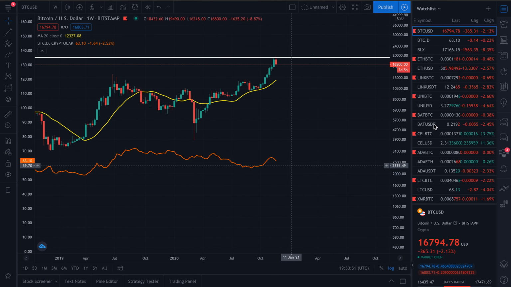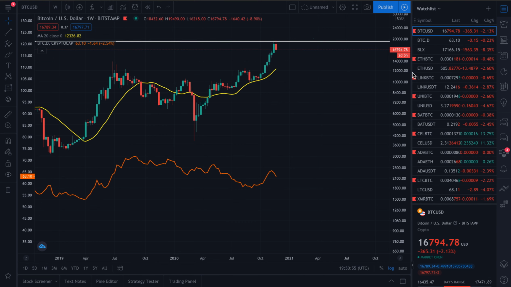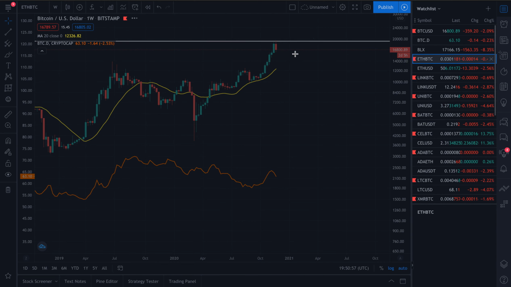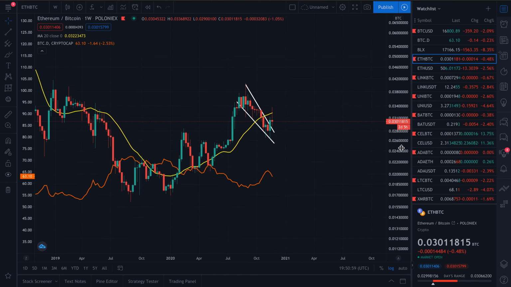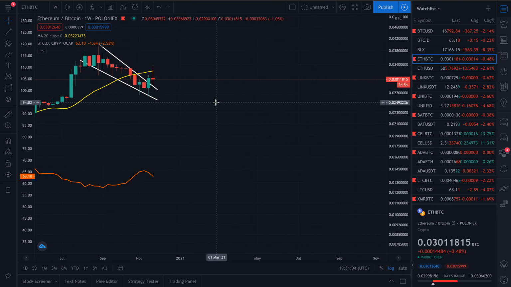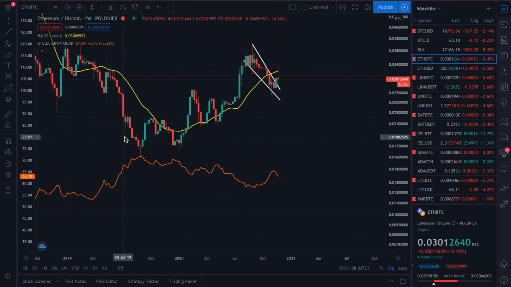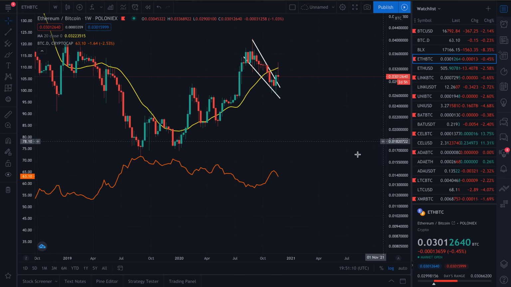So that's when you're looking at it in relation to Bitcoin. Let's look at it against Ethereum. Now, yes, Ethereum's down for the week, but it's still up from its relative lows. Let's really keep that in mind. And you can really see the divergence here.